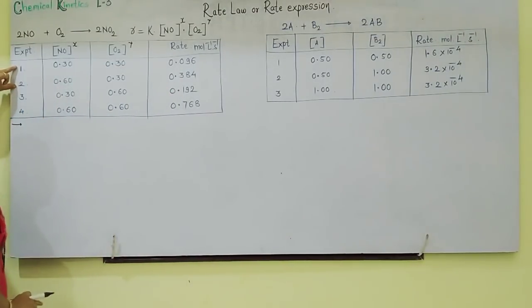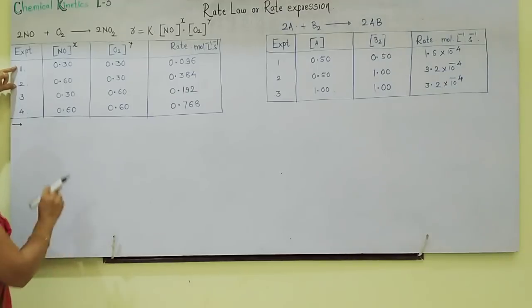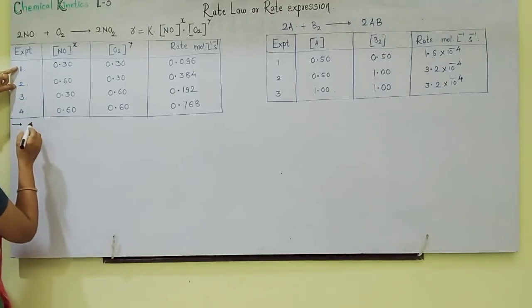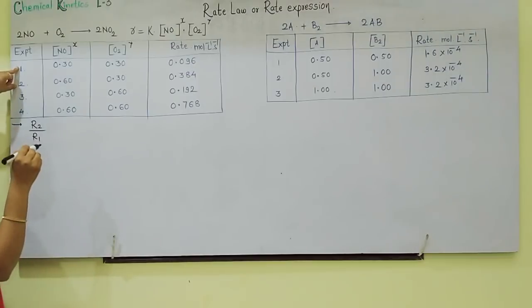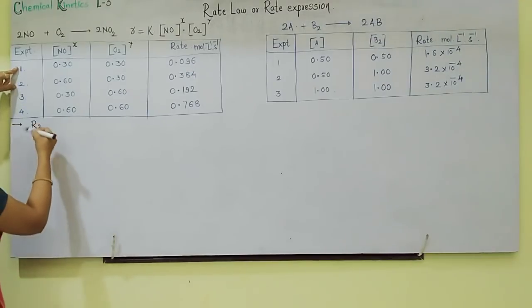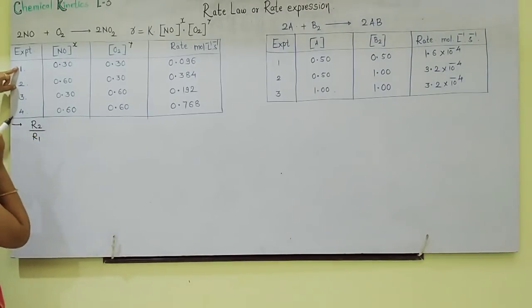Now we are going to concentrate on experiment 1 and experiment 2. According to the rate law, I will write R2 divided by R1. Always the second rate upside, the lower rate downside.